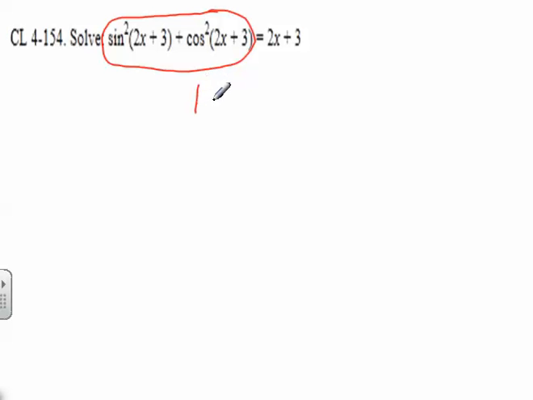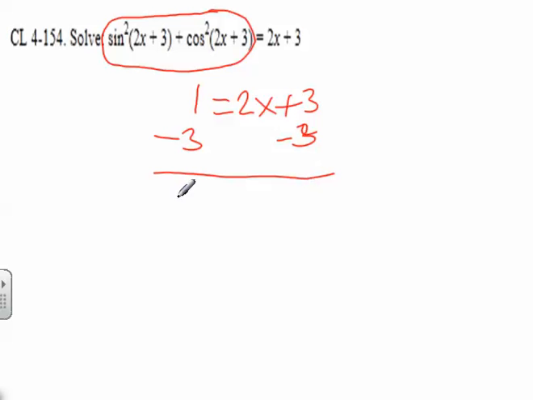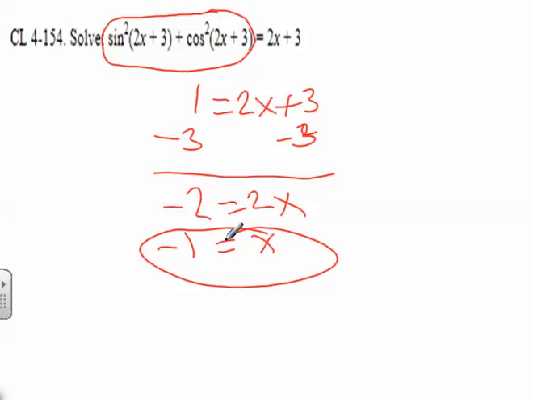So what we've got is 1 equals 2x plus 3. Let's subtract 3 from both sides. Now it's a very simple problem. And I end up with -2 equals 2x. So x is -1. And that's it. If you remember that fundamental Pythagorean identity, it makes this very quick and simple.